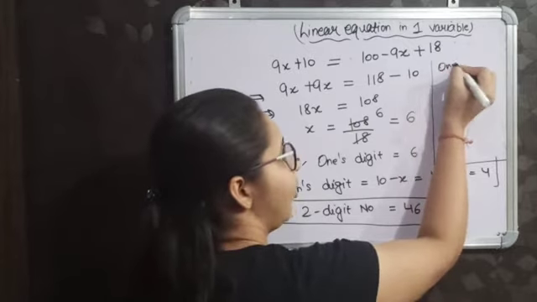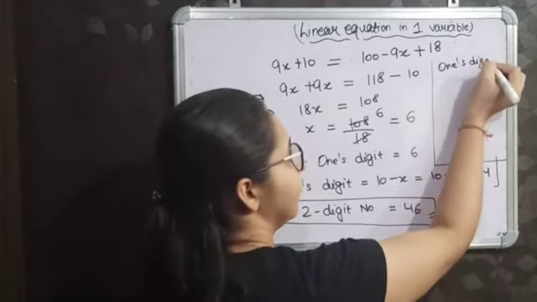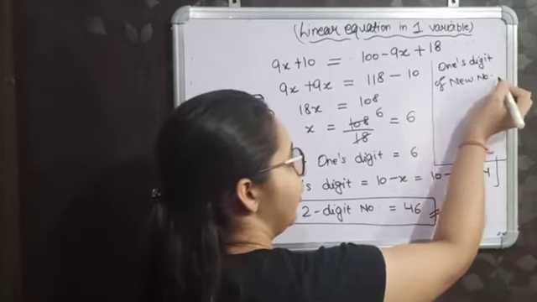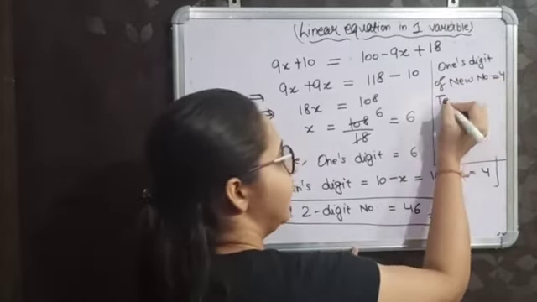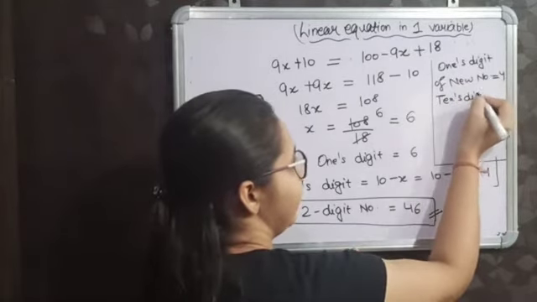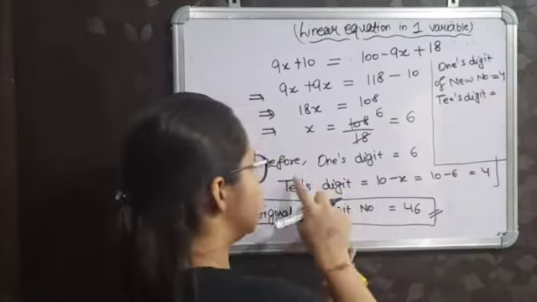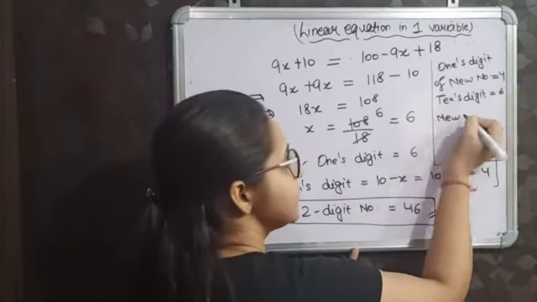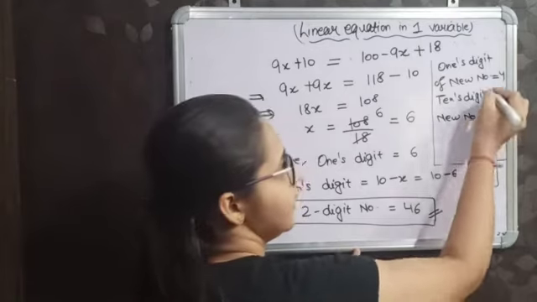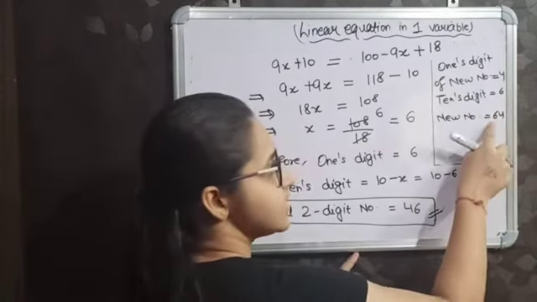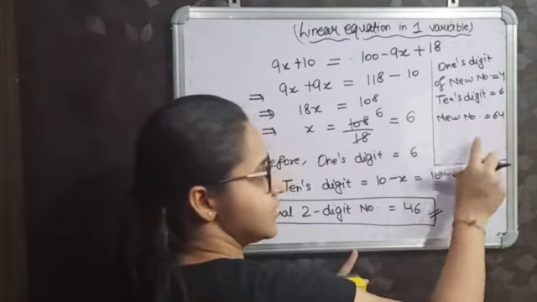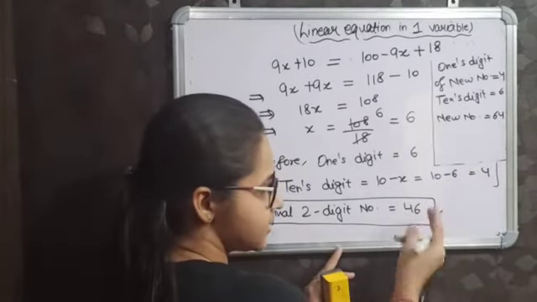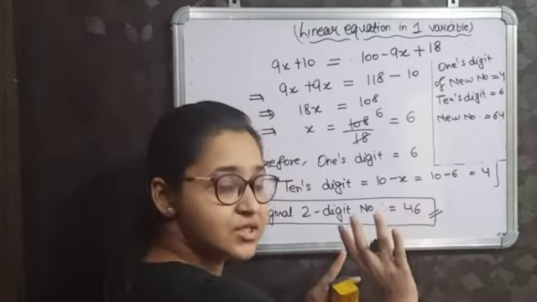And the tens digit will be the ones digit, and the ones digit is 6. So your new number now becomes 6, 4. 6 is your tens digit, 4 is your ones digit, 64. Or you can simply just interchange here. 46 now becomes, after reversing, 64.